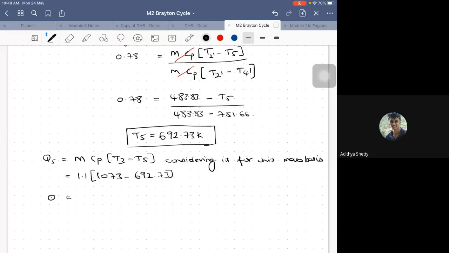What is the value of QS? Whatever you get in kilojoules per kg. 418.29.